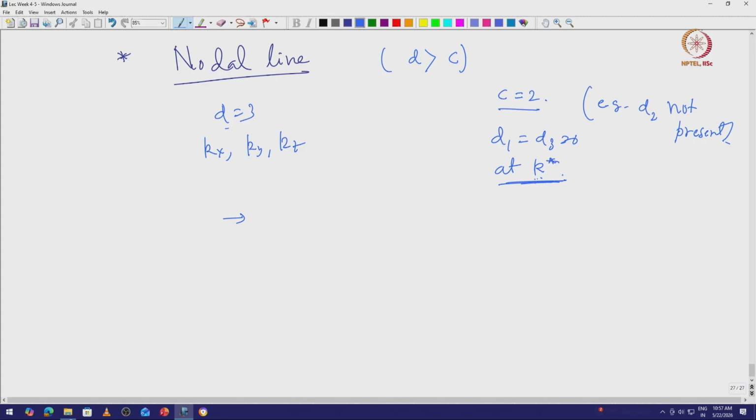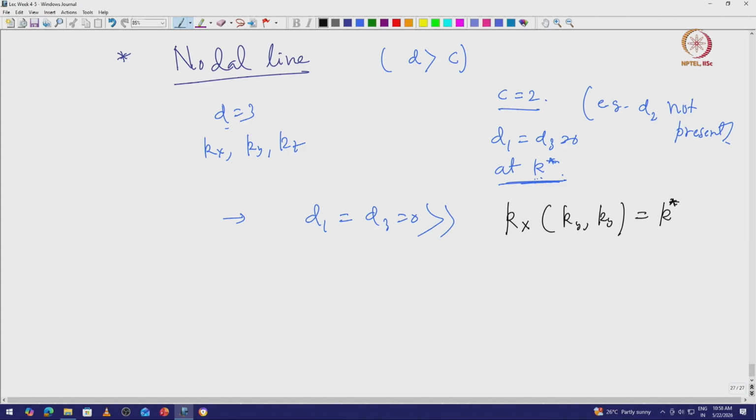So actually what this tells us is that if you solve for d1 equal to d3 equal to 0, that will give a relation between the variables, and without losing generality I am making that equal to, let's say, k star or k 0.